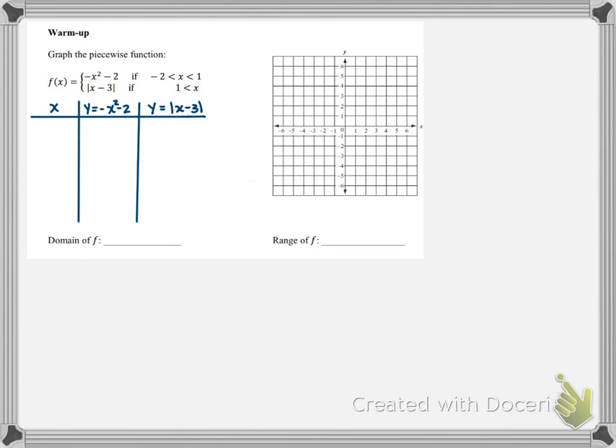One of the sources of confusion that I was seeing on the homework is whether or not there's an endpoint or an arrow on the left and right side of the graph. So the way that we tell is with these guys.